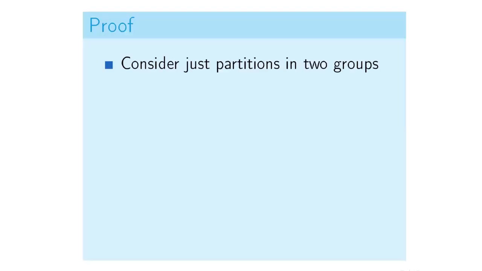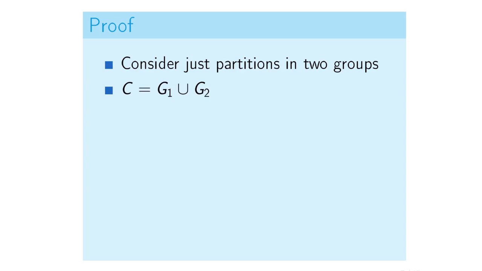To prove it, let's consider just partitions of the children in 2 groups. Of course, there are much more partitions than that. We can divide them into 3, 4, and so on, much more groups. But let's just consider partitions in 2 groups and prove that even the number of such partitions is already at least 2 to the power of n.